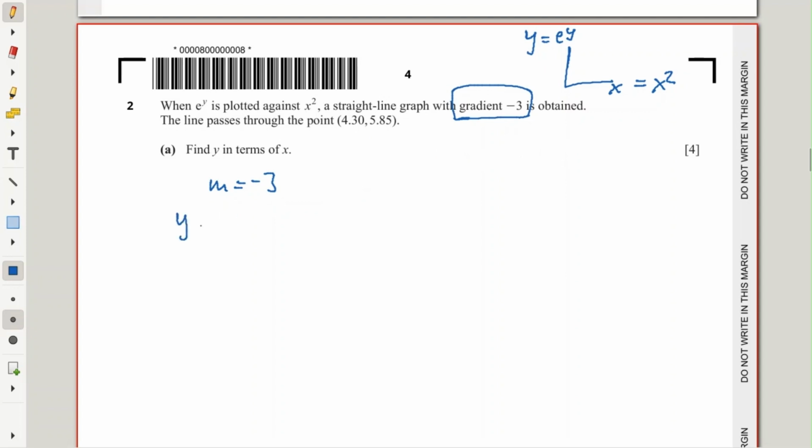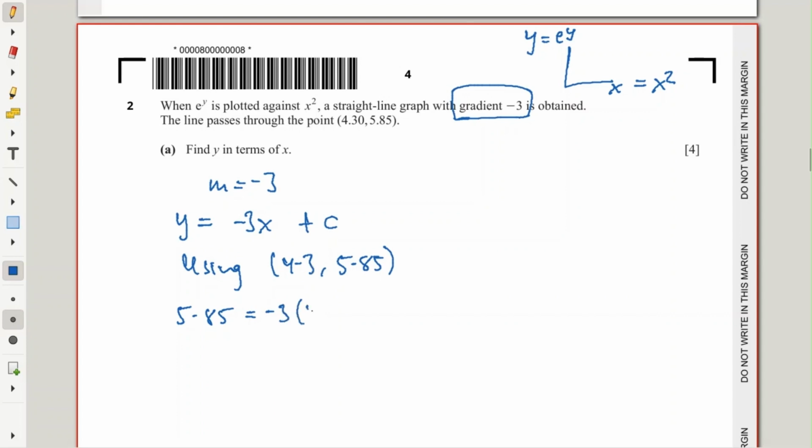So the equation of a straight line is given by y is equal to mx plus c. Now my gradient is -3. I can find the y-intercept using this point. My y is 5.85 and my x is 4.3.